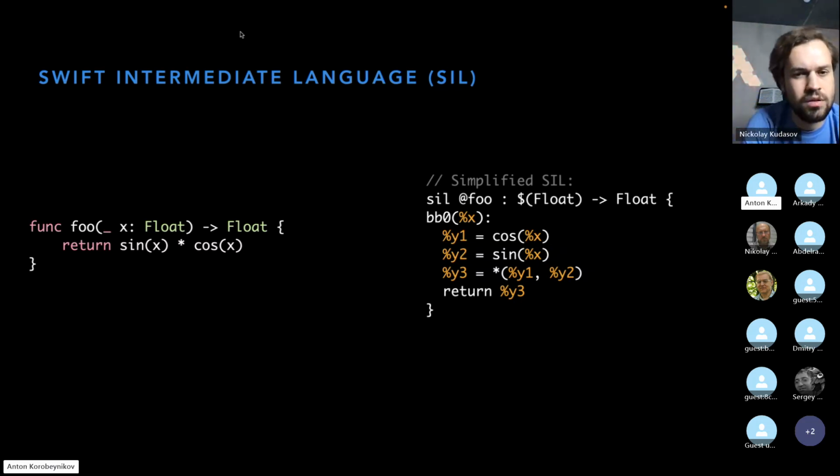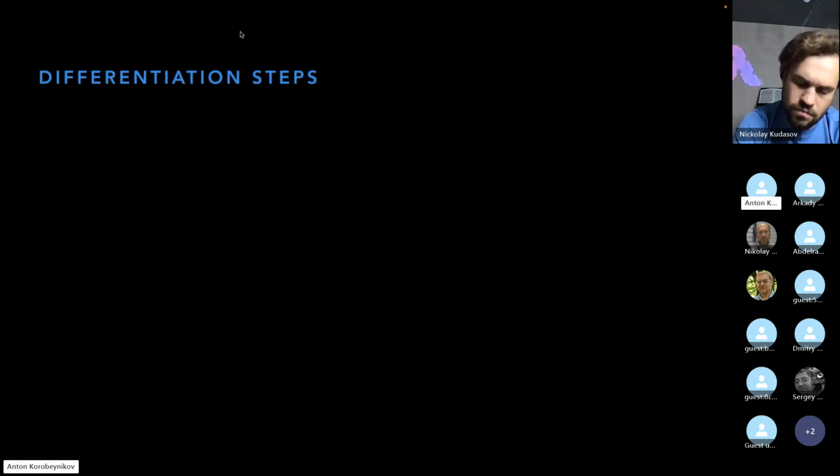So in SIL, it's already explicit. Okay, thank you. If I understand correctly what you wanted to ask, here we explicitly see all the values that are closed upon, and we know what's going on. SIL is much lower level than Swift itself, but it still contains lots of high-level constructs that we could use.